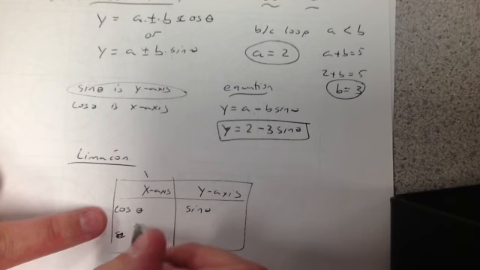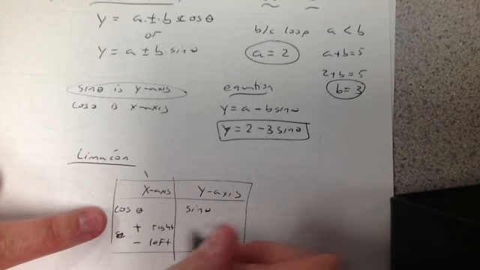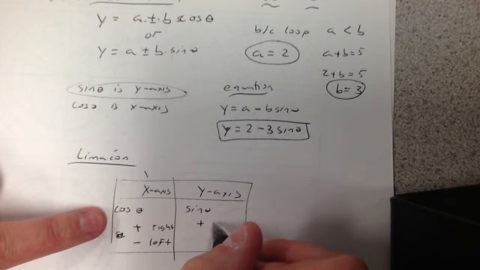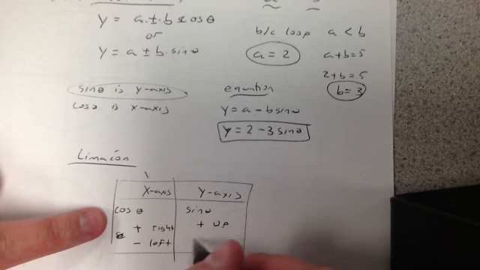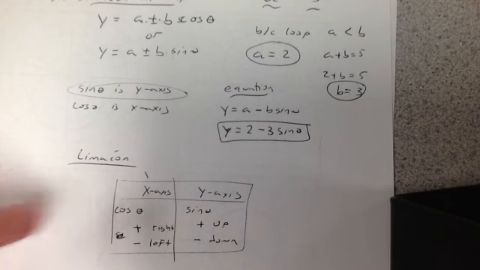Cosine is positive if it goes to the right, negative if to the left. Sine is positive if going up, and negative if going down.